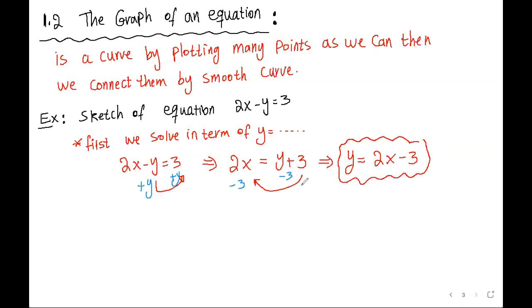Second step, we have to choose points and make a table. So x, y equals 2x minus 3, and the point x comma y. We have to make a table.